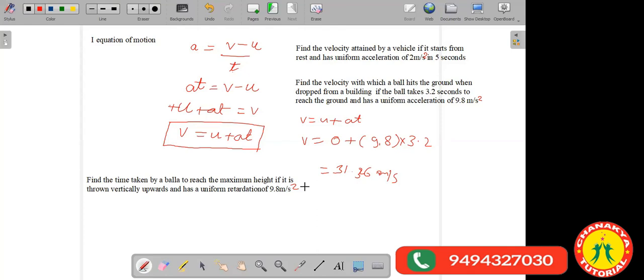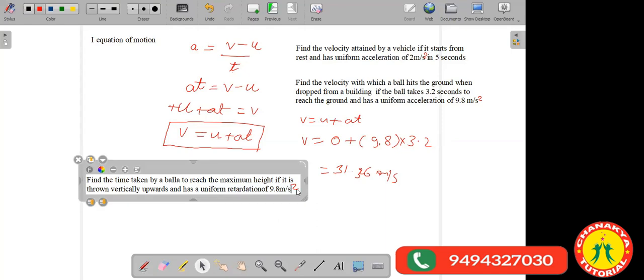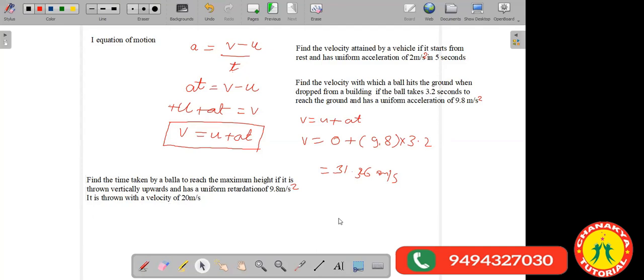Okay, so let's say it is thrown with a velocity of 20 meter per second. So find out.